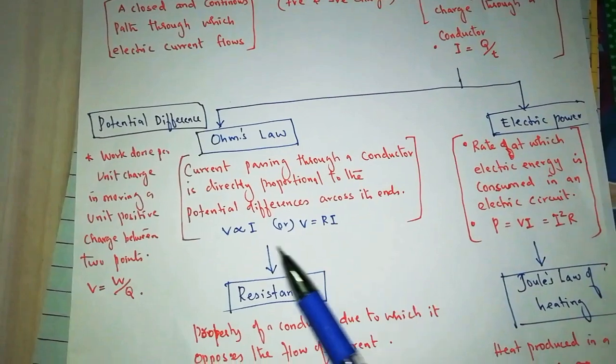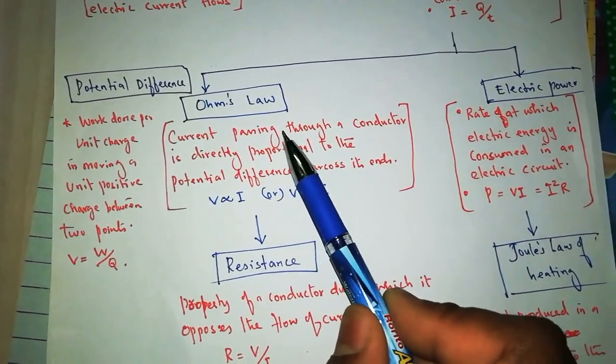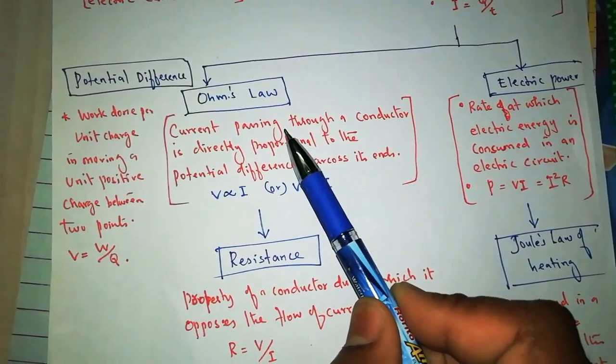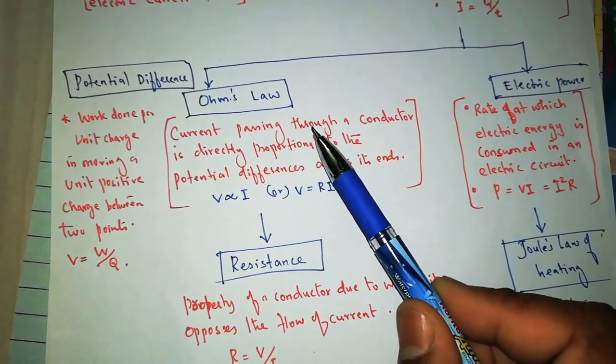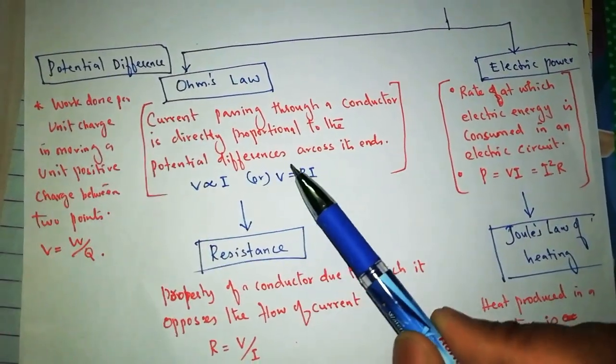So what is actually Ohm's law? We learn it by passing the electric current through a conductor, and it's always directly proportional to the potential difference.